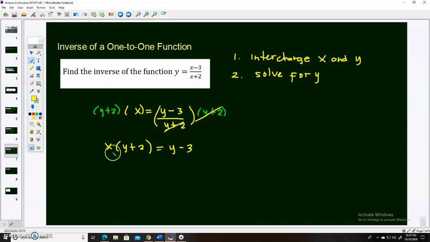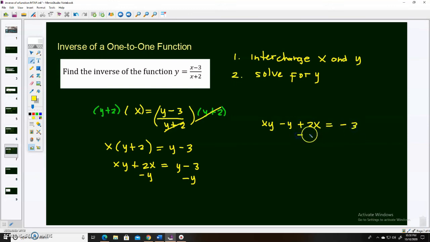Distributing x on the left side, xy plus 2x is equal to y minus 3. Remember, we are solving for y, therefore we isolate y on one side. Here I will subtract y from both sides, so we get xy minus y plus 2x equals negative 3.